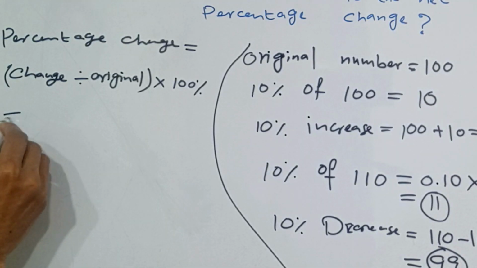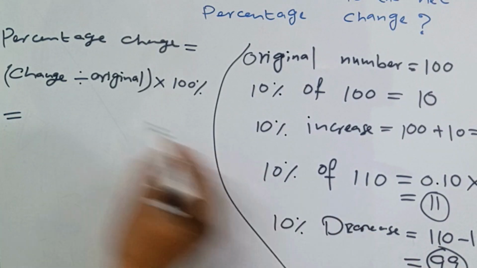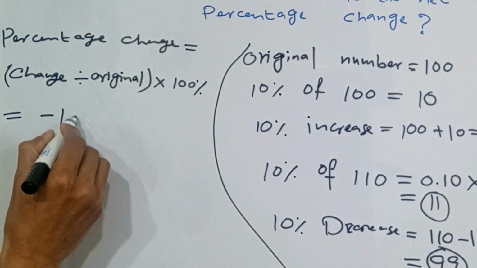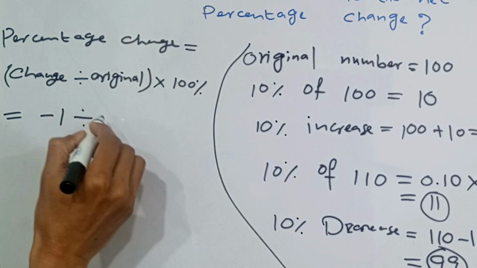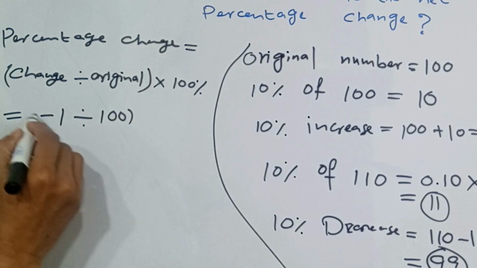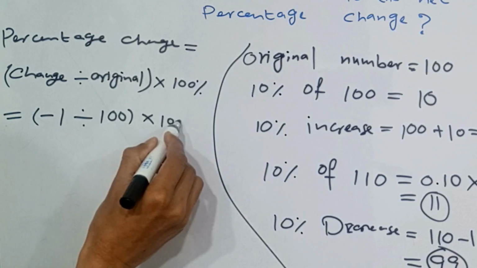So that equals minus 1 divided by the original number 100, times 100%.